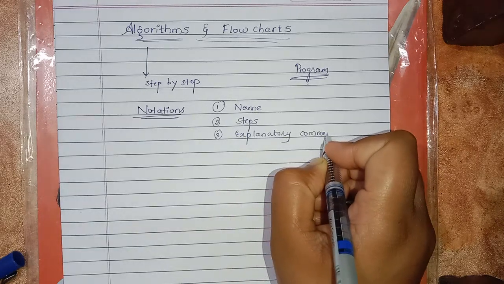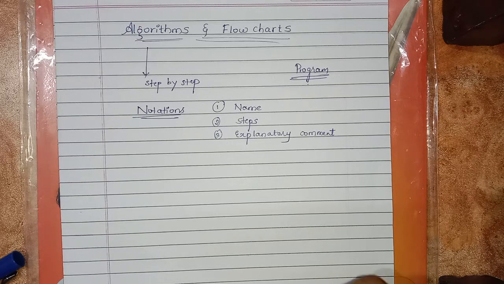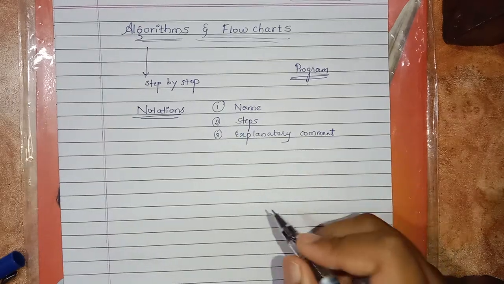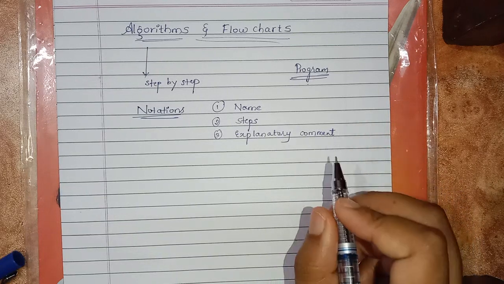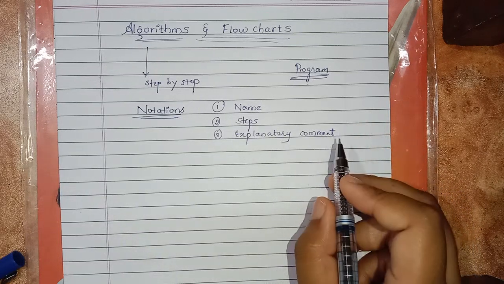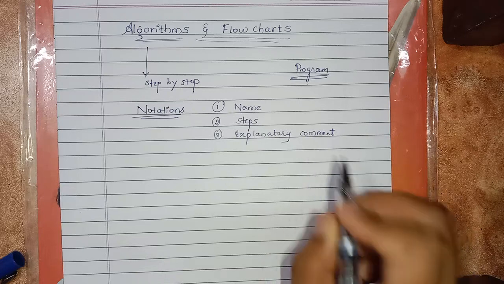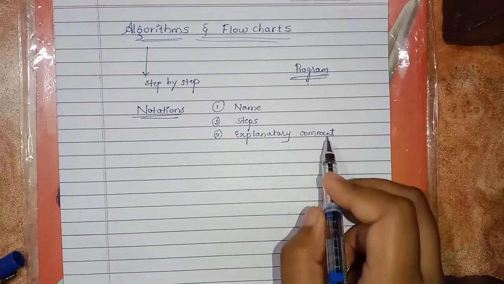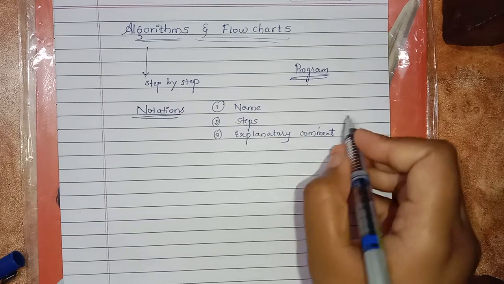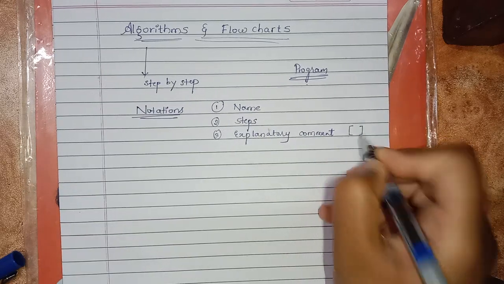Explanatory comment means what? It follows the step number and it describes the operation. Means in the particular step what you are doing, you are reading or you are printing or you are getting the output, what you are doing in that particular step, that is explained by the explanatory comment, and it should be written within a pair of square brackets like this.